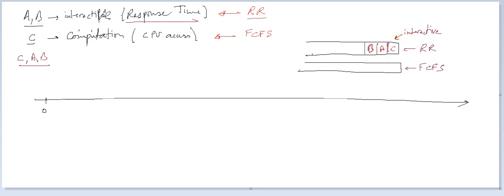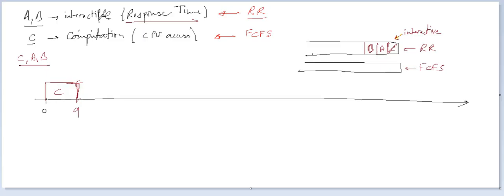That might be a mistake, and we know it's going to be a mistake in the case of C, but the system doesn't know that. So as a precaution, it's going to put it as an interactive process, because it cares about response time. If we schedule things the way we've done till now, C is going to run first. It's chosen, so you remove it from here. Since this is a round robin and C is a computation process, it's going to use the whole quantum.